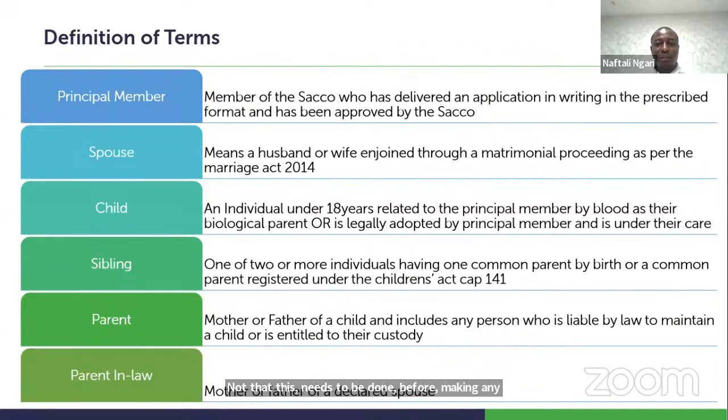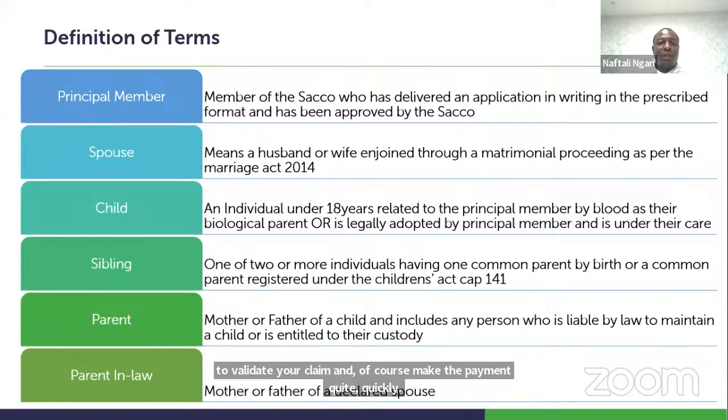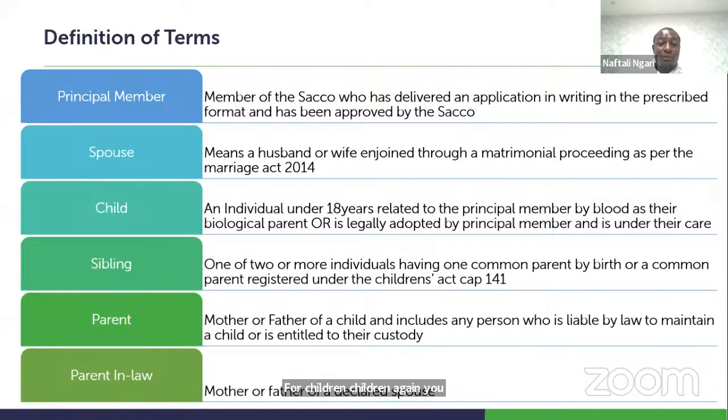We note that sometimes we have people who have claims before they have legalized their marriages. So it is always ideal to do this before a claim occurs, because then you would be able to validate your claim and of course make the payment quite quickly. For children, again, you're allowed to nominate a maximum of 4 children or to add 4 children to the cover.